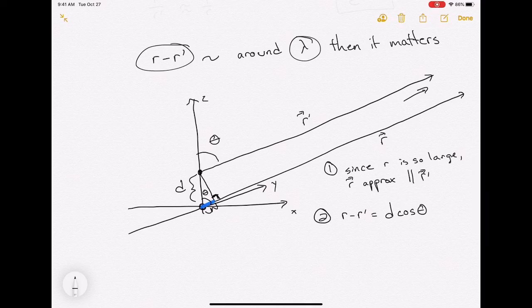So that means that if we want to write e to the minus jkr prime in terms of R and D instead, we can do that. It's e to the minus jk, R minus d cosine theta.